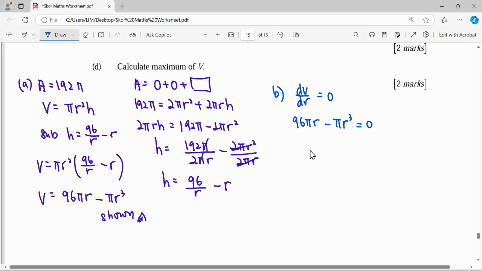So from here we want to find out what our r is. Differentiate V, which is 96 pi r minus pi r cubed, with respect to r, and we get 96 pi minus 3 pi r squared.